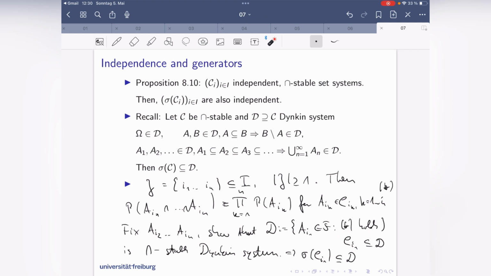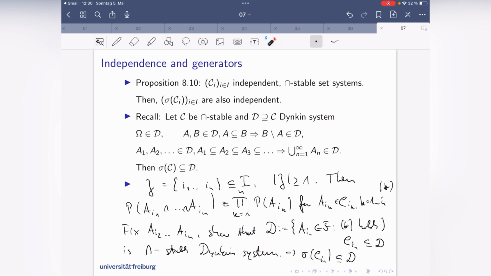Okay, then we can exchange C_{I_1} by the sigma algebra generated by C_{I_1}, and then we do it for the second, for the third, and so on until the end. And then we are done, because then we have shown that we can exchange C_{I_k} with the sigma algebra of C_{I_k} for all k from 1 to n.